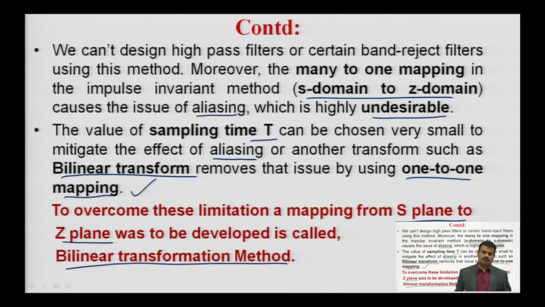That also converts from your S domain into the Z domain, or you are converting your parameters from the S plane to the Z plane, or you can say from the analog plane into the digital Z plane. Okay. So, the concept of designing an IIR digital filter is the same in the bilinear transformation method, but you have some limitations in the impulse invariant method, that is why you are coming to the bilinear transformation method.